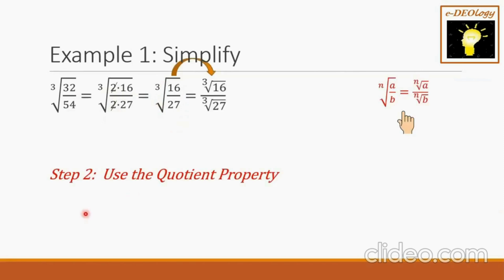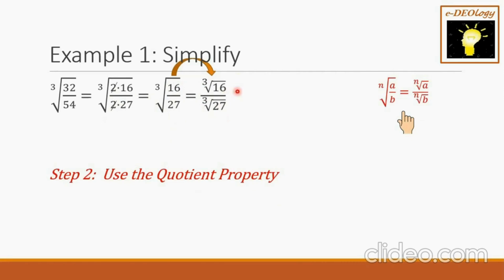We will now go to step 2, where we're going to use the quotient property. It means we're going to distribute this radical sign to the numerator and the denominator. So we have the cube root of 16 and then the cube root of 27 in the denominator.